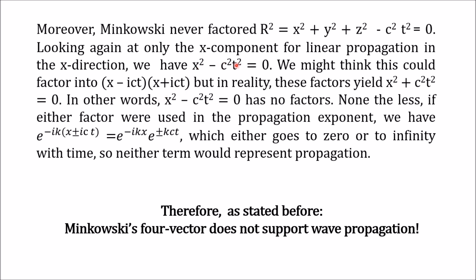You can't factor it. So that's the second thing that's an issue with respect to what he's doing. And if you take either one of those factors and you plug it back in the way we did before, again, the propagation equation either goes to zero or it explodes, goes to infinity. Doesn't represent wave propagation. It just doesn't.